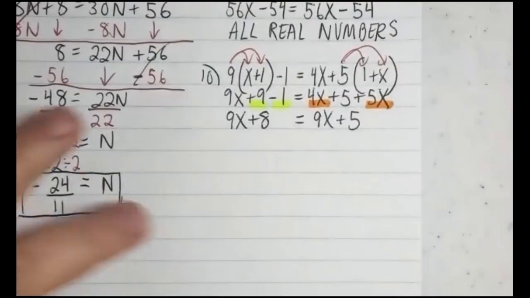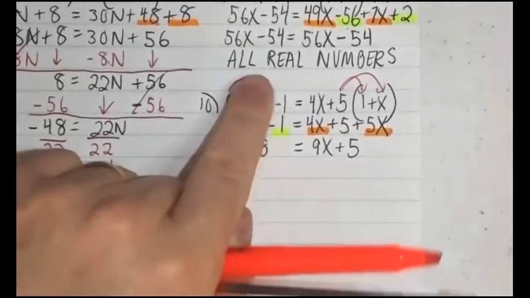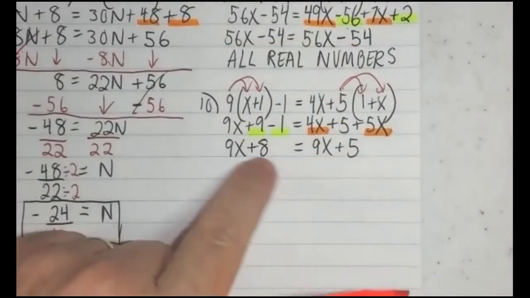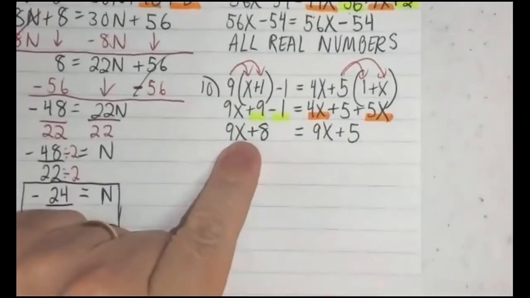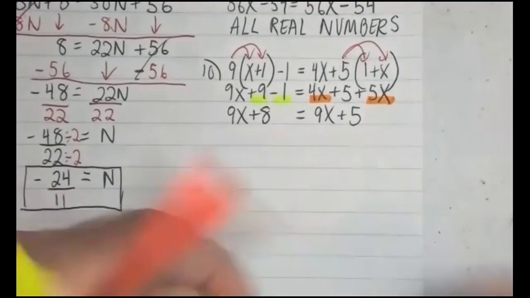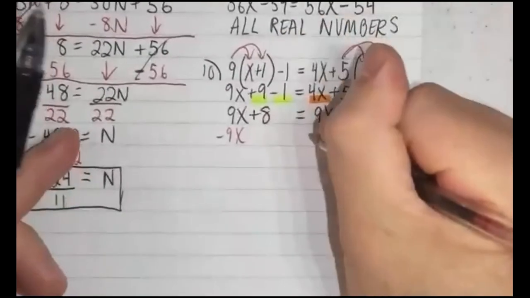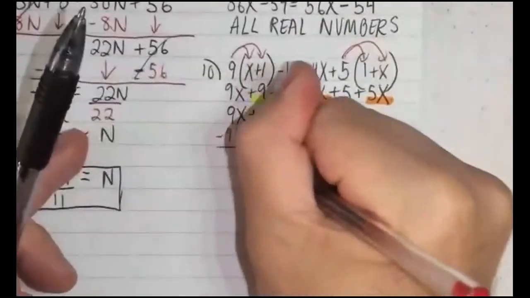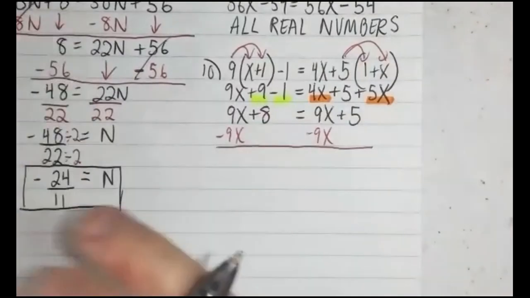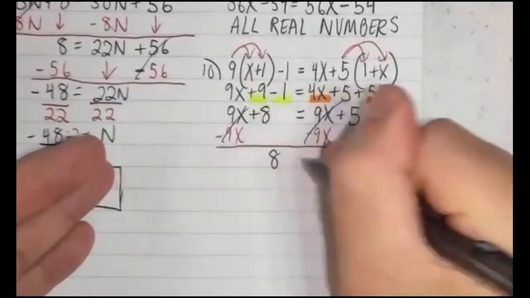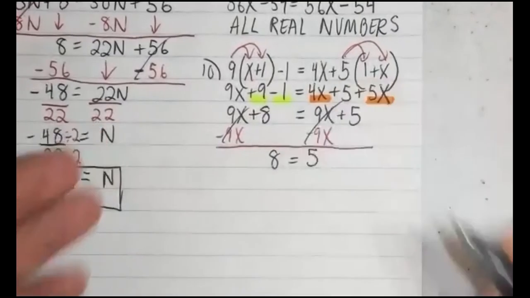Now, different from what we saw up here. Up here we had exactly the same. Here it's not exactly the same. The 9x's are the same. And what we know by that is when I subtract 9x to both sides, those variables are going to be eliminated. And I'm going to be left with 8 equals 5.